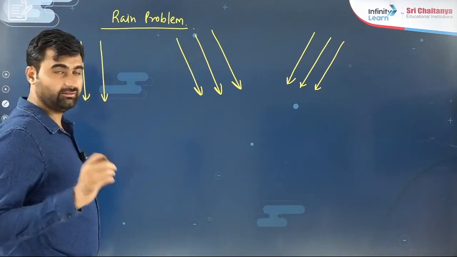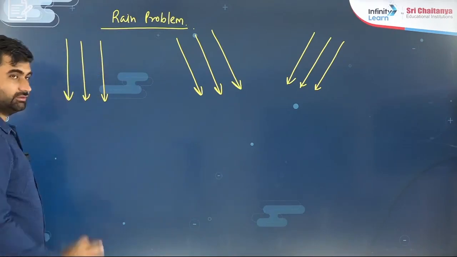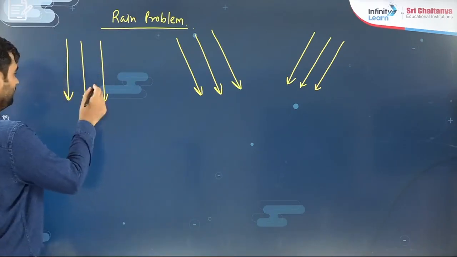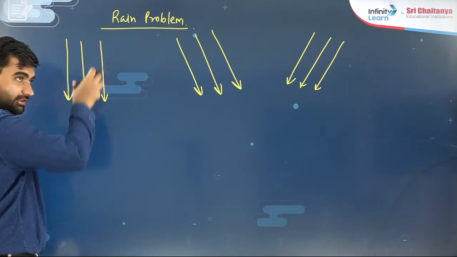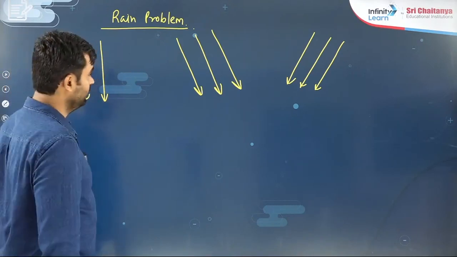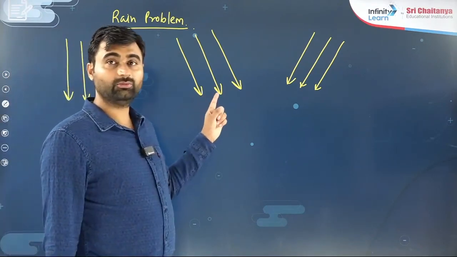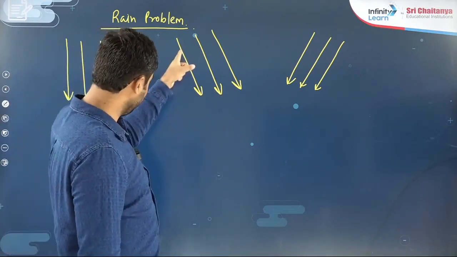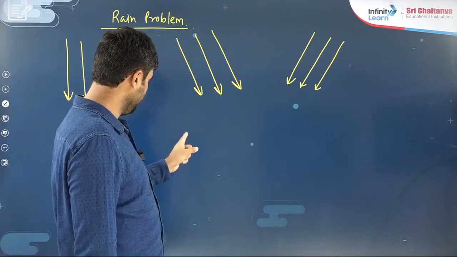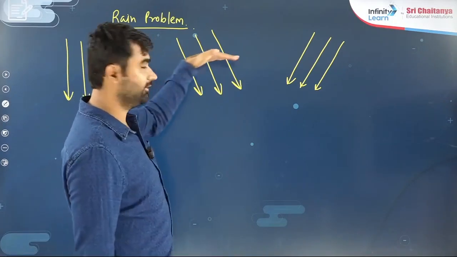Here rain is falling completely downward, the velocity of rain is only in the downward direction. Here the velocity of rain is in the vertically downward direction and in the horizontal direction also.